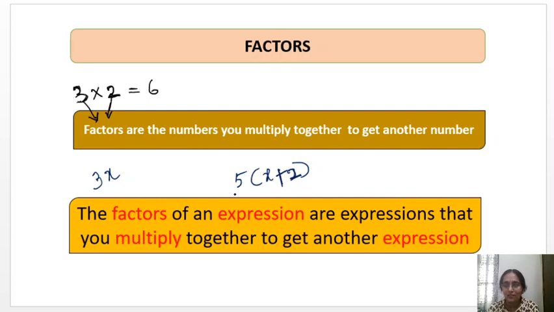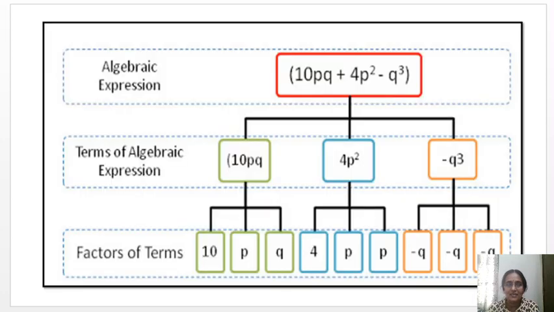When you multiply 5 with x plus 2, you will get the expression 5 into x plus 2. So 5 and x plus 2 are the factors of this expression. And 3 and x are the factors of the expression 3x.